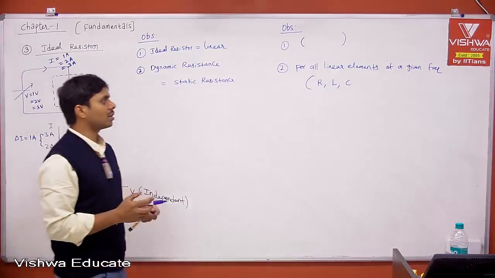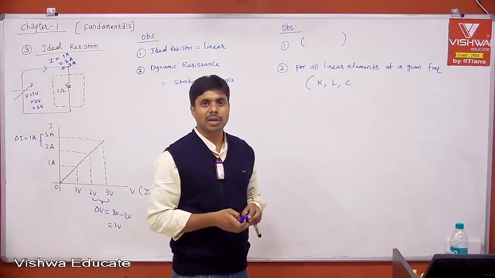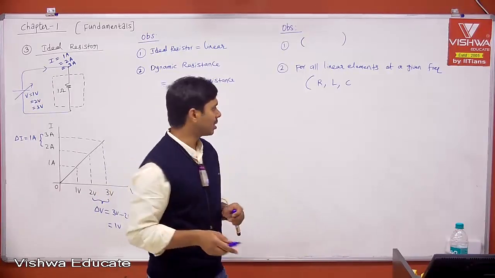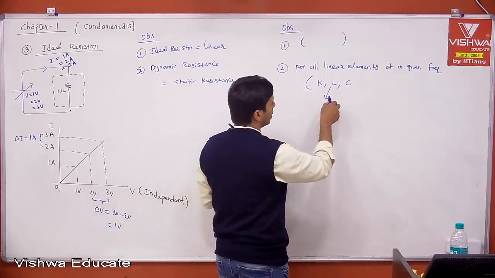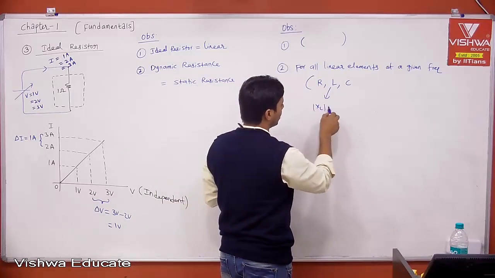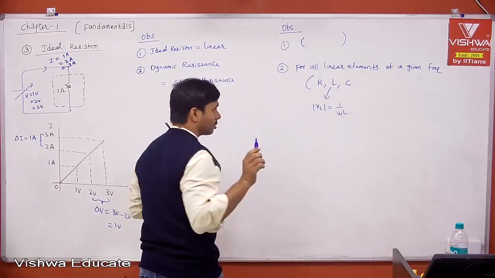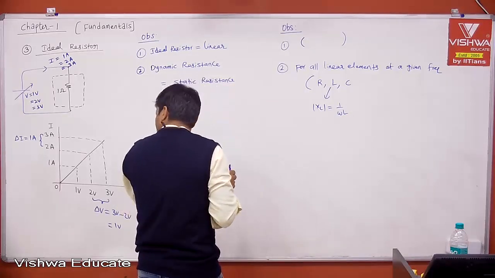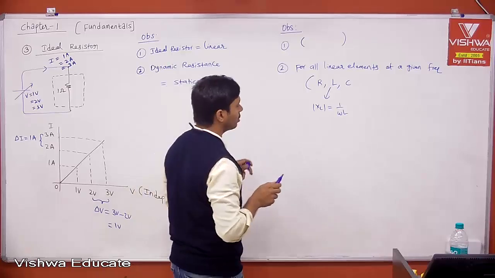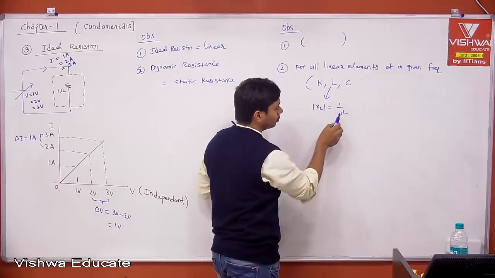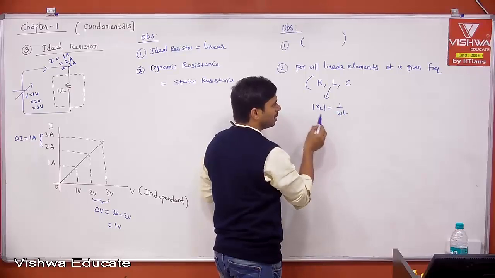Because L and C are frequency dependent, once the frequency is constant, the reactance is constant. If you take the inductor, what is the reactance? Magnitude only: XL is equal to omega L. If frequency is constant, omega is constant, then XL is constant.